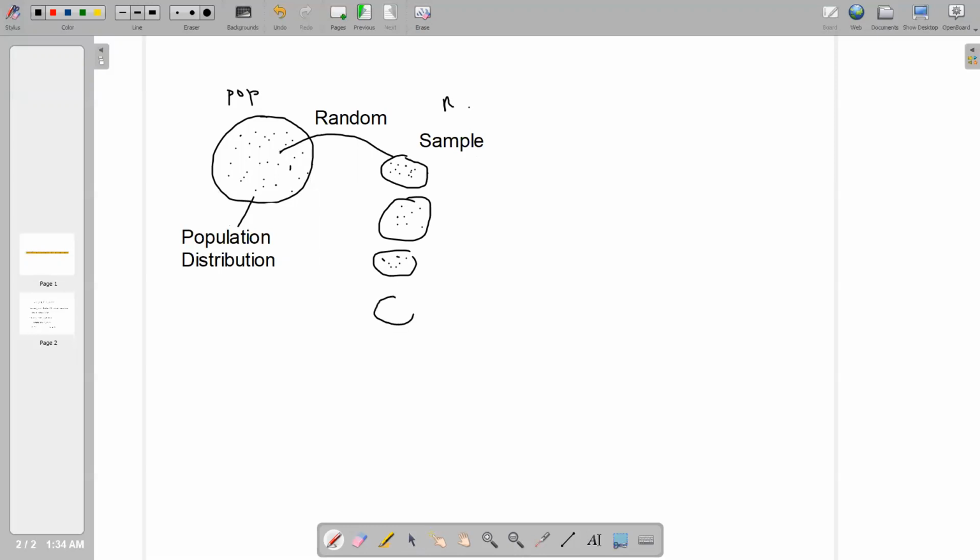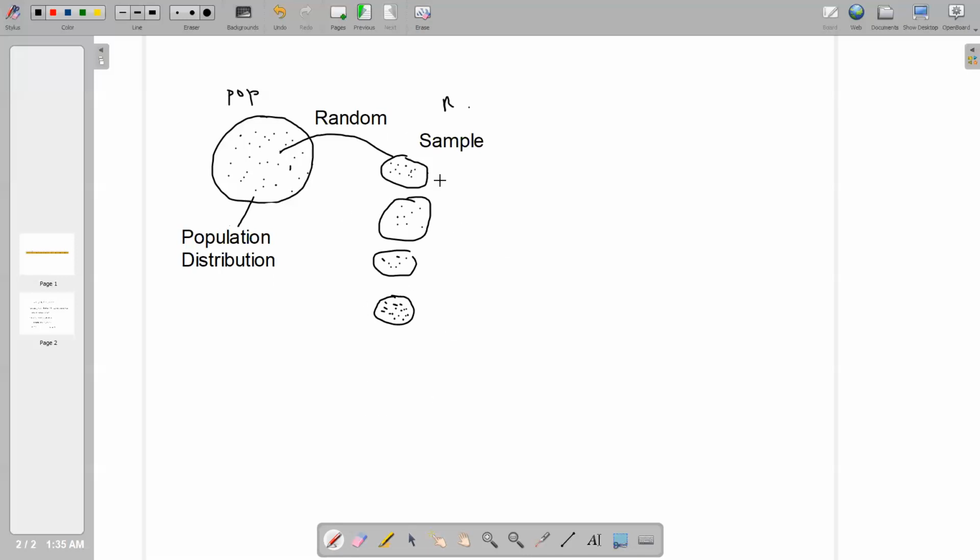With the same sample size. Then in chapter 10, we talked about random variable. Random variable is a variable defined from a random process. And all random variables will have a distribution, right?